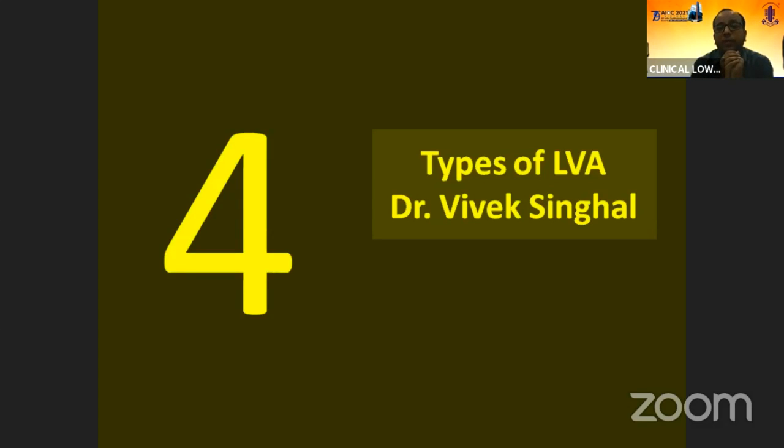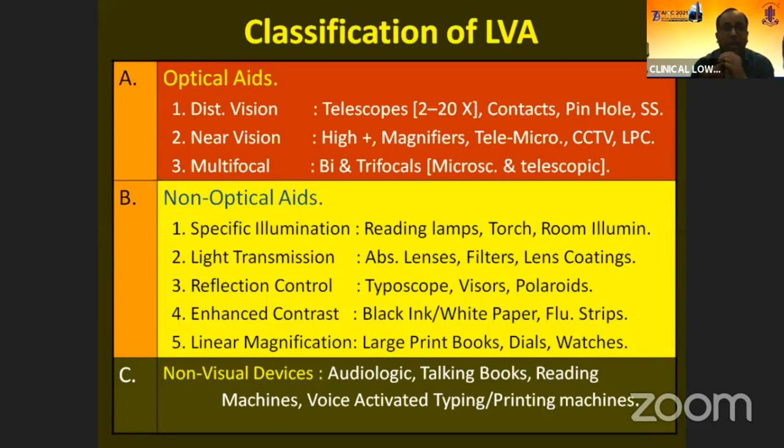So now I'll be discussing the types of low vision aids we have with us, so that we can go into further details of how to use them and where to use them. We have a wide variety of low vision devices that can help people with low vision see better. We have classified them into optical aids and non-optical aids.